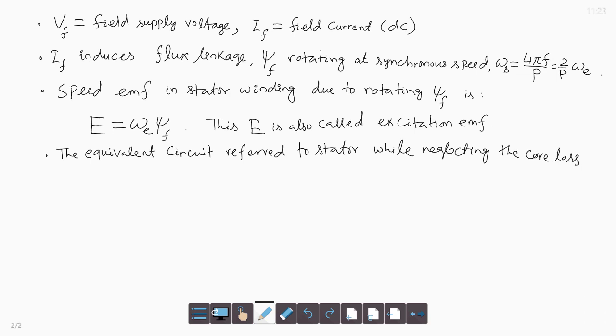That means we neglect the core loss resistor Rm. Now this equivalent circuit is shown in figure 2.